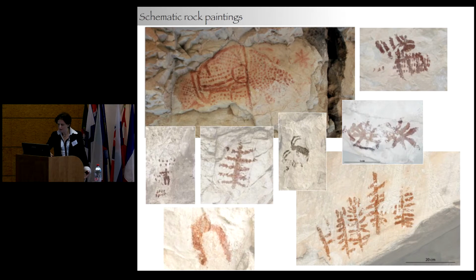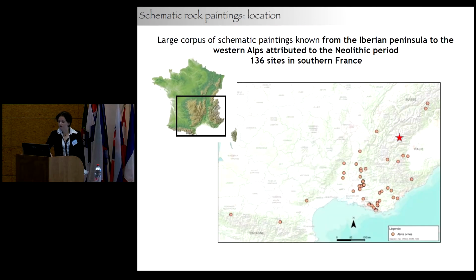Due to the archaeological environment and the repartition and the corpus of this schematic painting, known from the Iberian Peninsula to the Western Alps and the frontier of Italy, archaeologists can attribute it to the Neolithic period, from the 5th to the 2nd millennium before present.